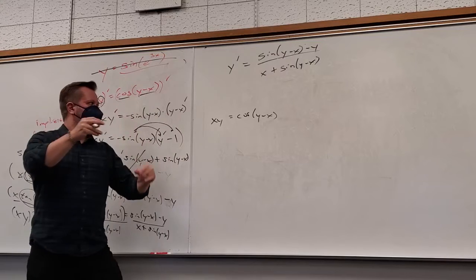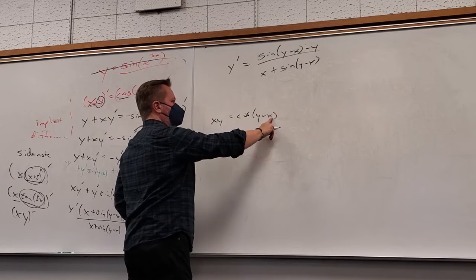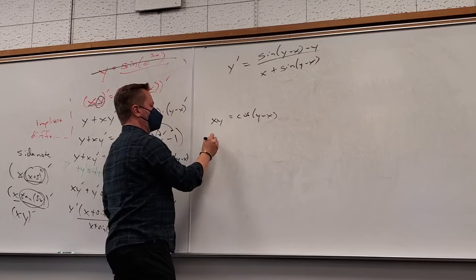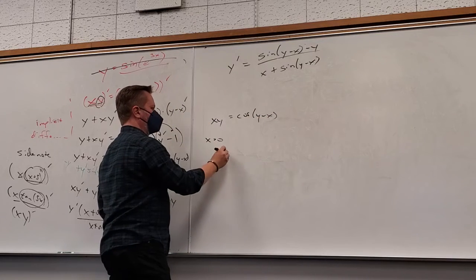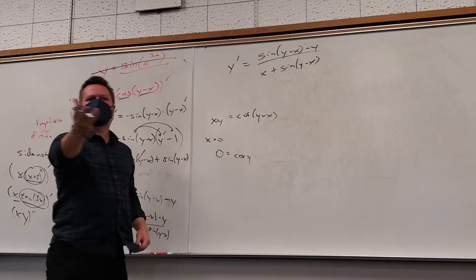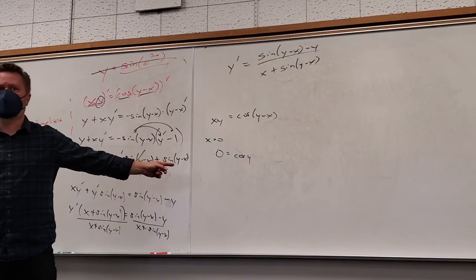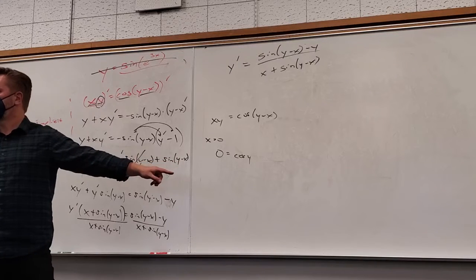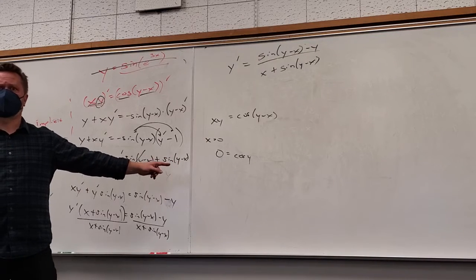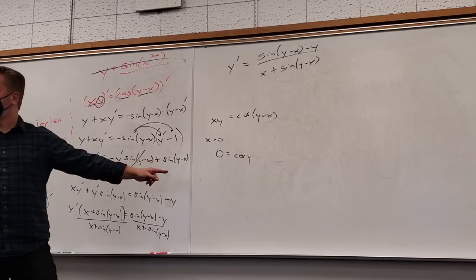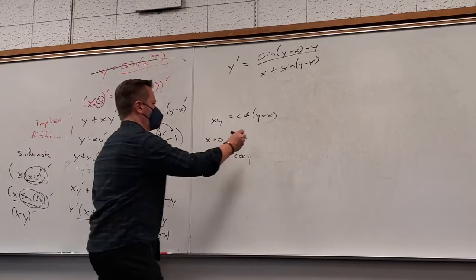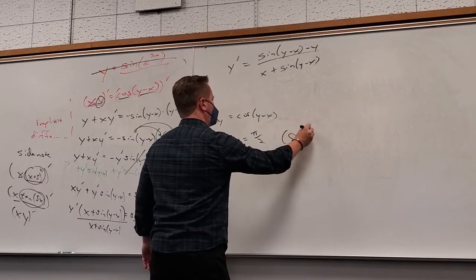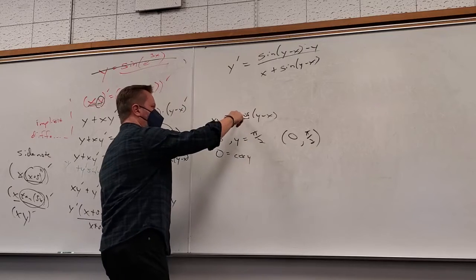No. So pick, like if x were 0, that would be nice, wouldn't it? If x is 0, then I get 0 equals cosine y, and now you can just give me a y that makes that true. Anybody? No, cosine of 0 is 1. Cosine of what is 0? Yes, pi over 2. So x is 0, y is pi over 2. So we've got a point that our function goes through.